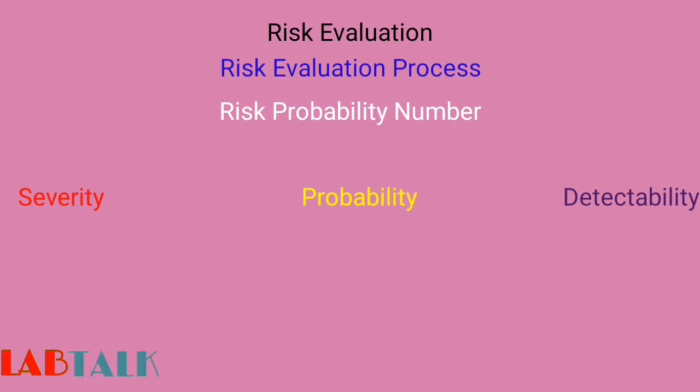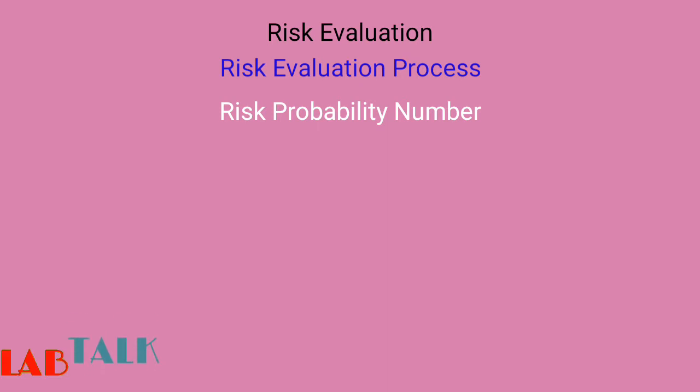So the overall composite score of this RPN, that is risk priority number, can be used to evaluate whether the risk is mild, moderate, severe or catastrophic, how it should be classified, and whether any further measures are required to correct this process. The risk priority number provides a relative priority for taking actions.